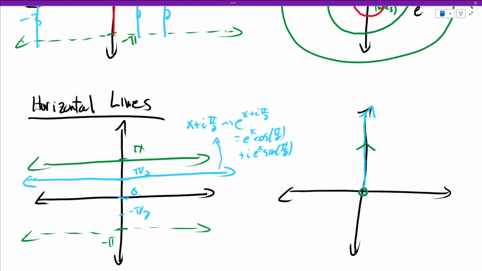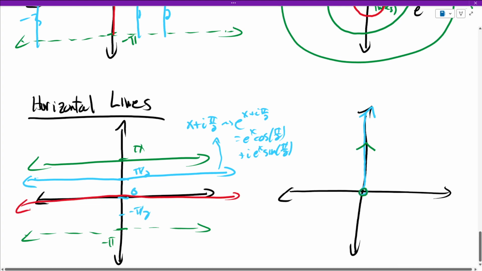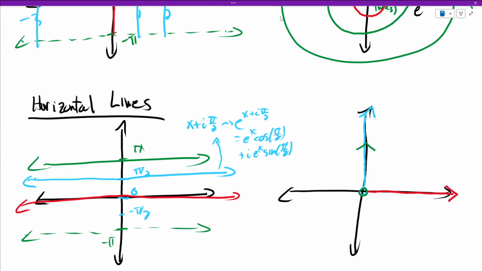All right, let's try another horizontal line. Let me use different colors for this example. Let's try this one at 0. Where does that go? Well, that has an argument of 0, because instead of a pi halves being on the imaginary part, we're going to have a 0. So that's going to get sent here to all points that have an argument of 0. And let's do negative pi halves now.